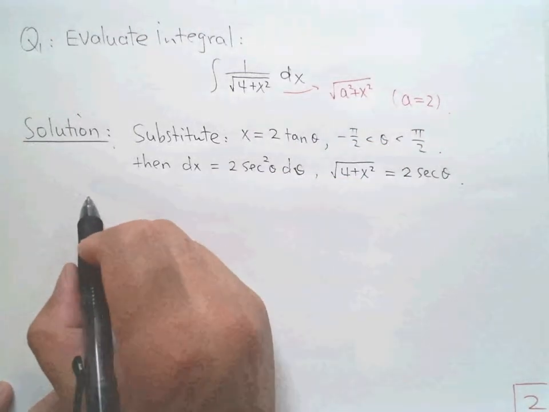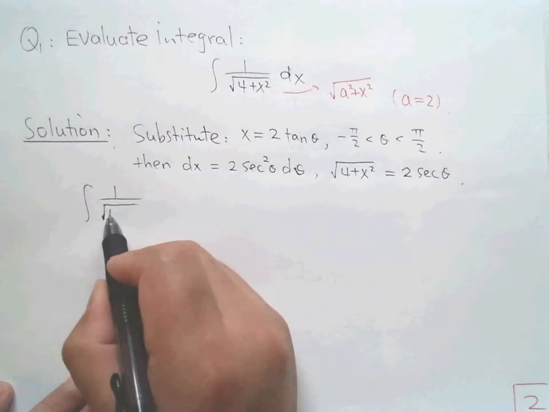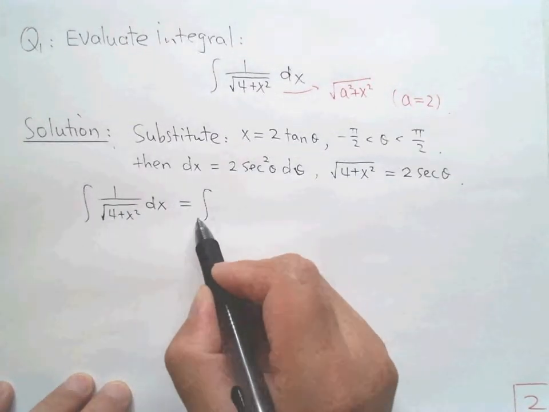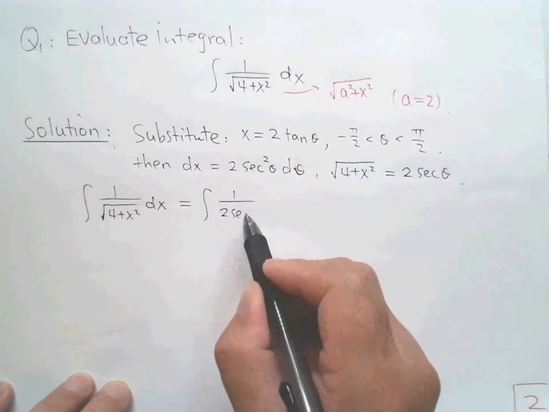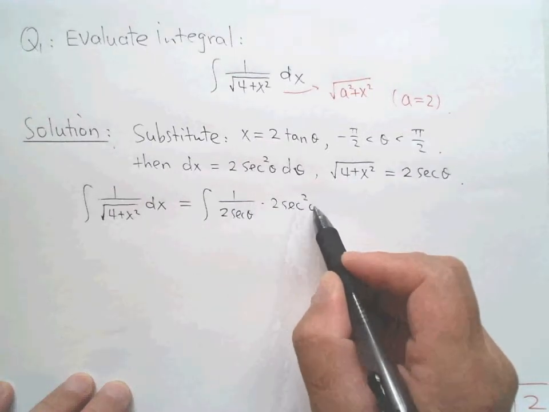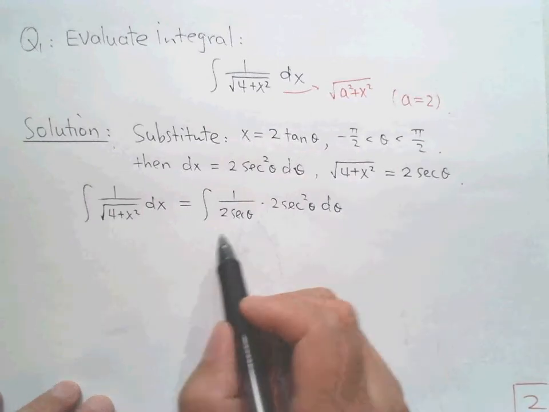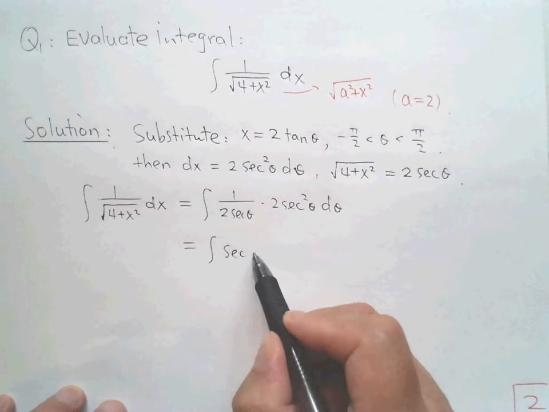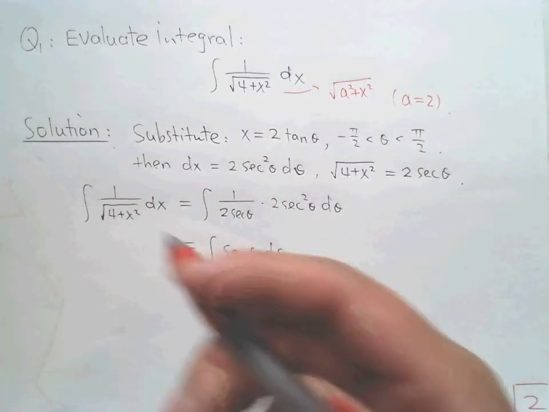I plug in: the integral of dx over square root of 4 plus x squared. The bottom already goes to 2 secant theta, and dx already goes to here. Now simplify, which is super easy. After you simplify, you get the integral of secant theta d theta.